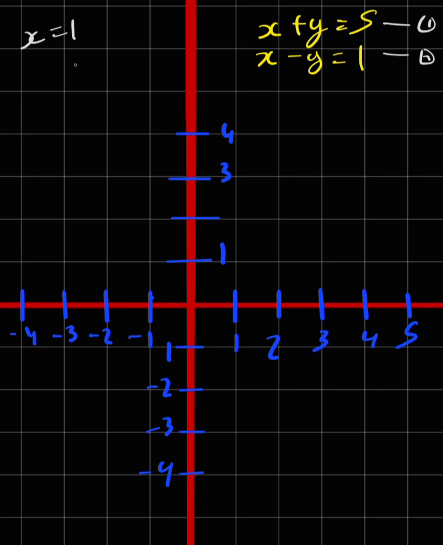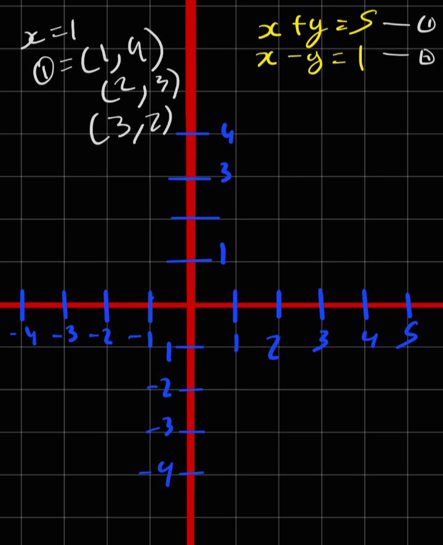For the first equation, when x is 1, the corresponding values are 1 comma 4, because when 1 plus y is equal to 5, y will be 4. Next, when x is equal to 2, y is equal to 3. And when x is equal to 3, y is equal to 2.